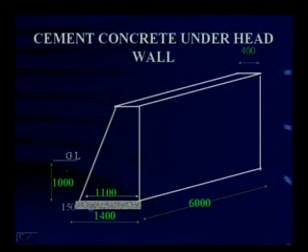You see, this shaded or hatched material is the thickness of cement concrete which is to be laid under the head wall. Already an excavation 1000 mm deep is made. Out of the 1000 mm, we fill a depth of 150 mm with PCC or cement concrete, right?